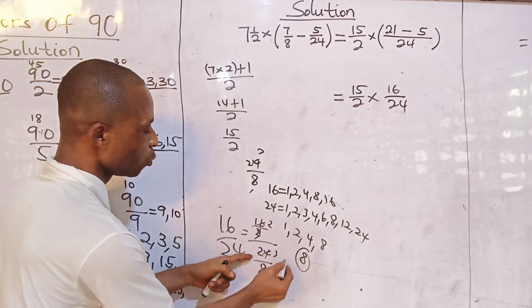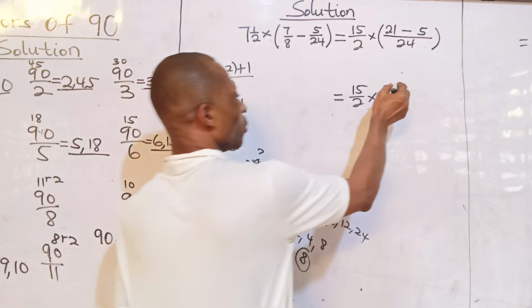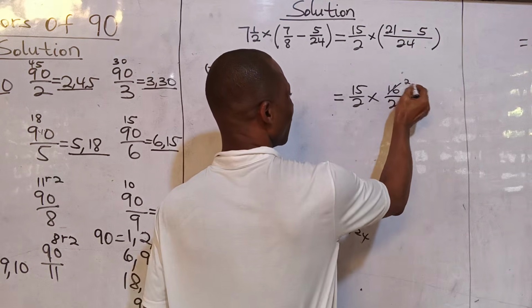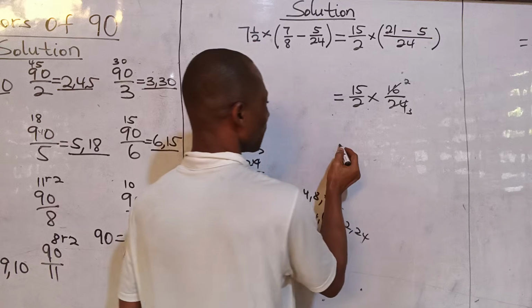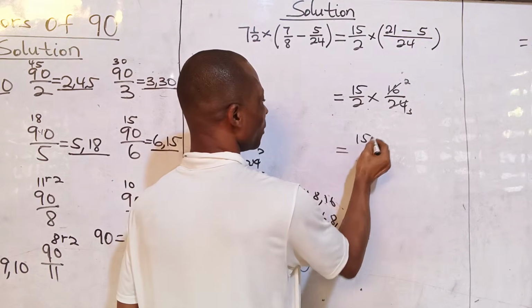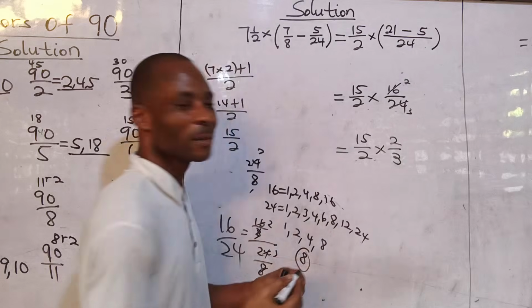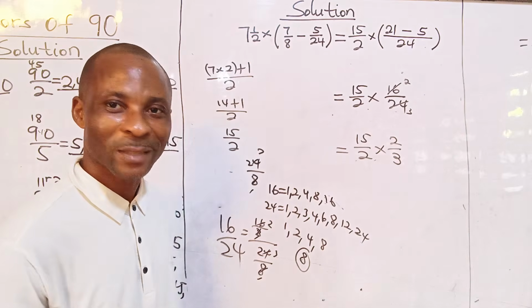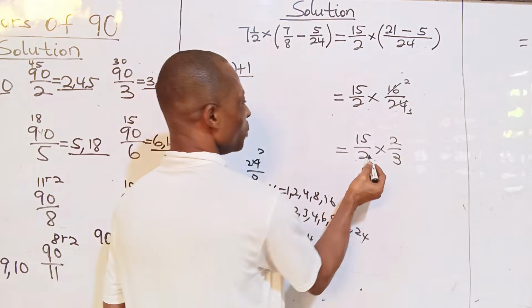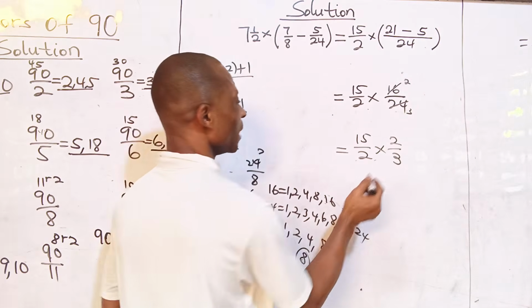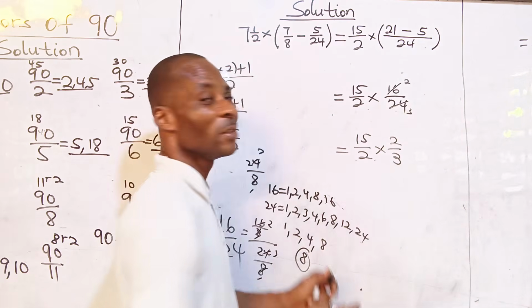So you now have 2 over 3. So you have 15 over 2 times 2 over 3. Between 15 and 2, we have found that we don't have common factors, so we cannot divide it. 2 over 3, we cannot divide it.